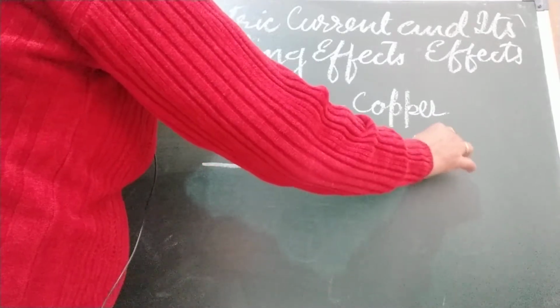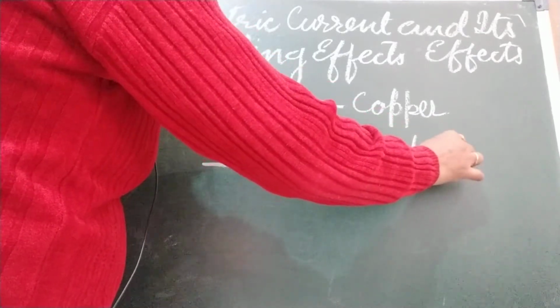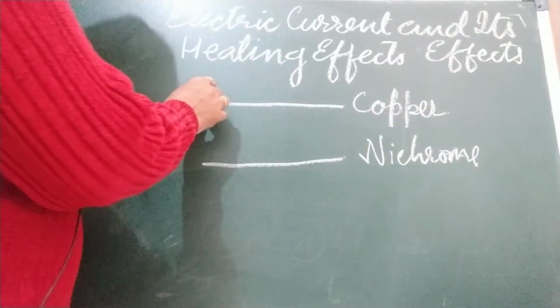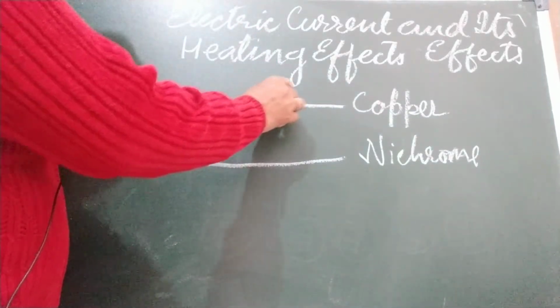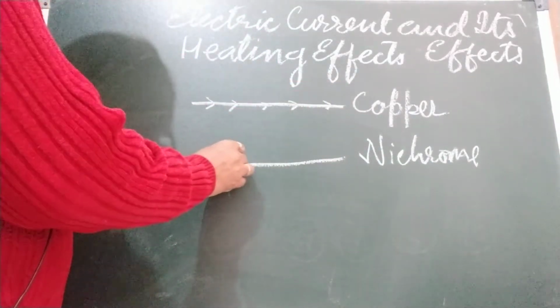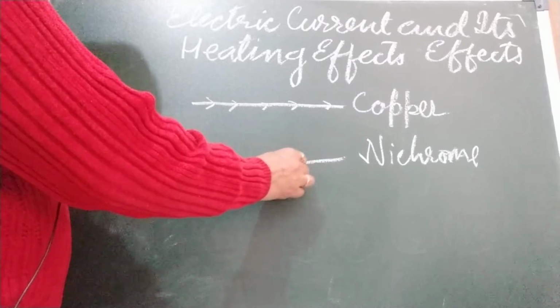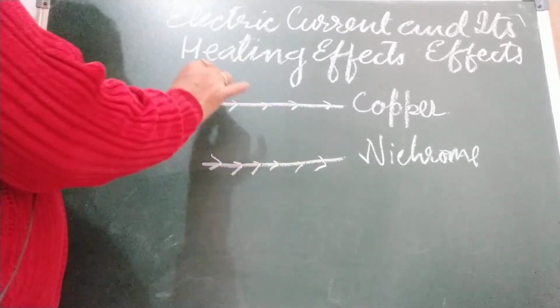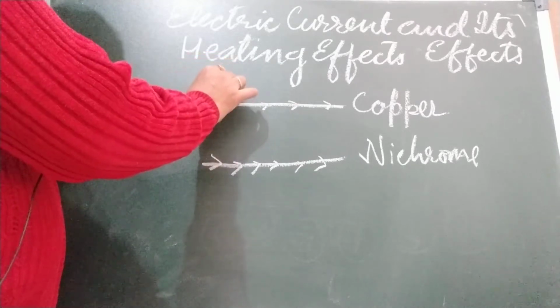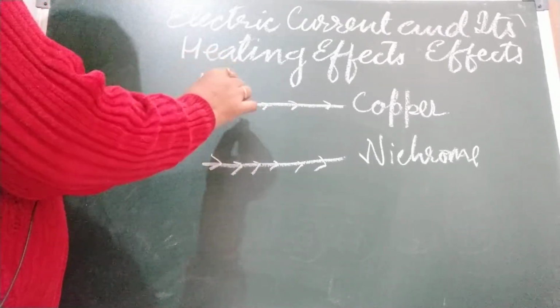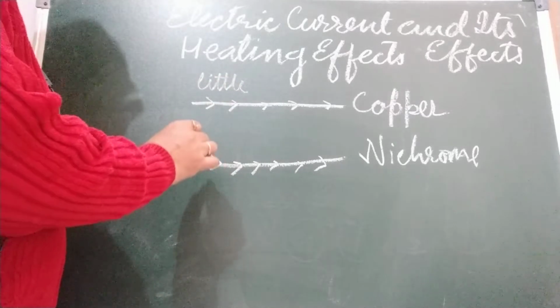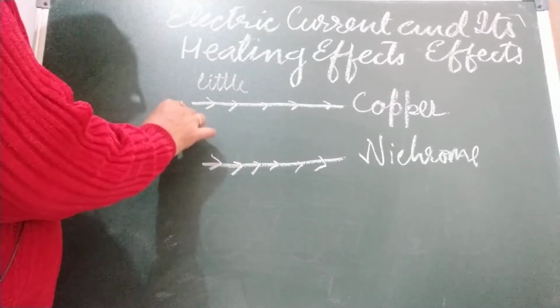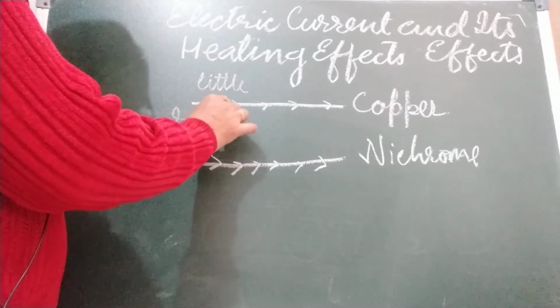Okay, current is passing through both the wires, but we find this wire heats up very little. So if it is heating up very little, its resistance is less.